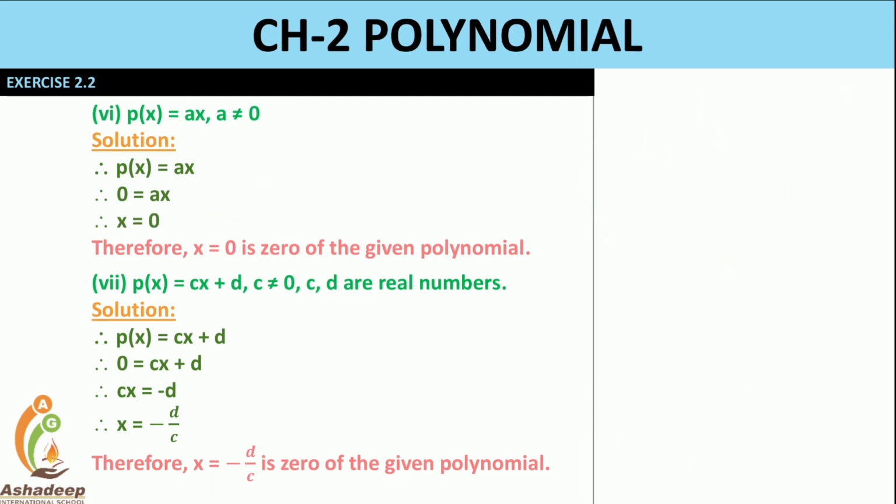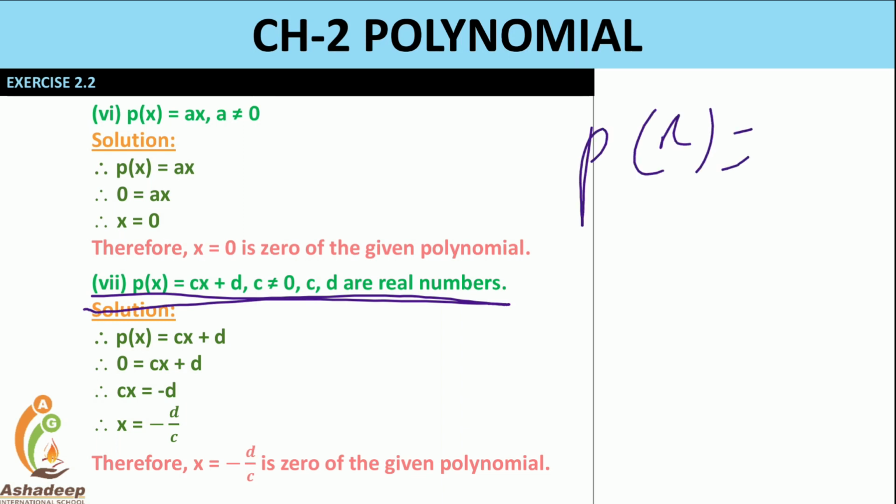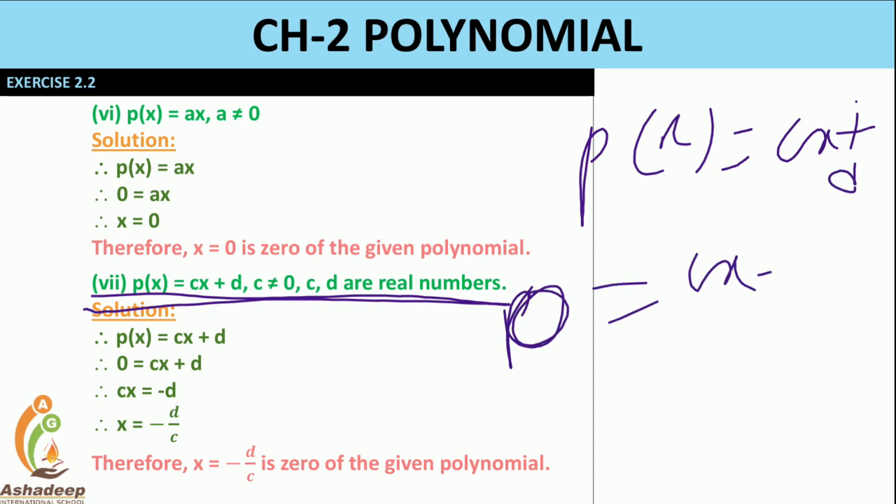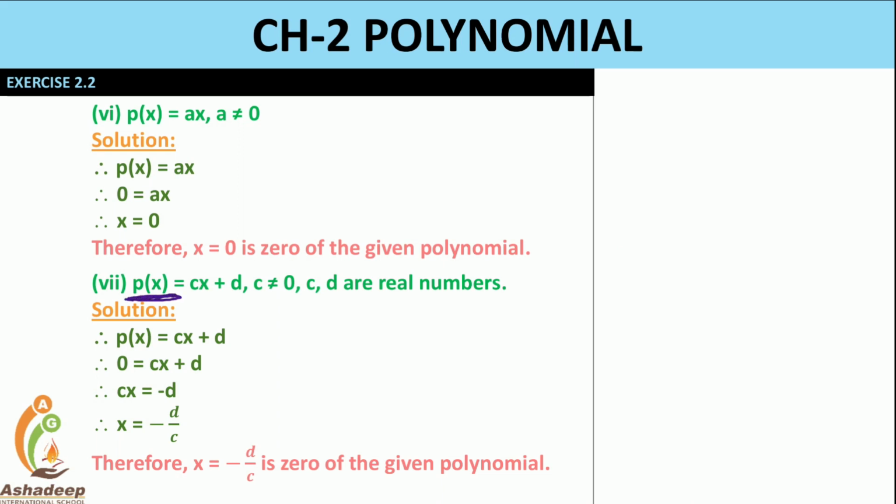Now similarly, we need to find out for p of x is equal to cx plus d. So 0 is equal to cx plus d. Now d comes onto the other side. Here one thing you need to keep in mind: in p of x, x is the variable, and c and d are constants. C is the coefficient and d is the constant. So c is not equal to 0, when c and d are real numbers.